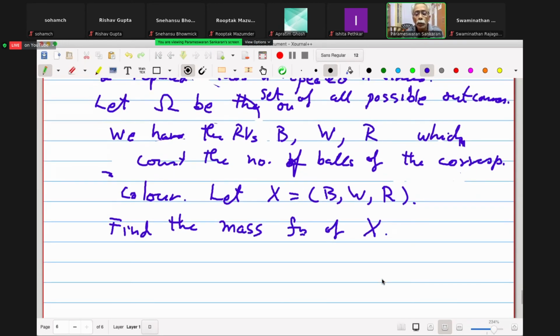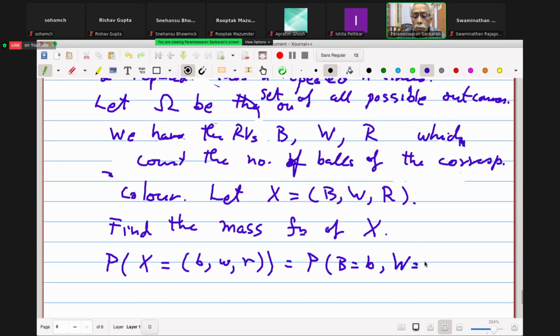So what do you have to do? You have to find the probability that X is equal to some (b, w, r). This means the probability that B equals b, W equals w, and R equals r.